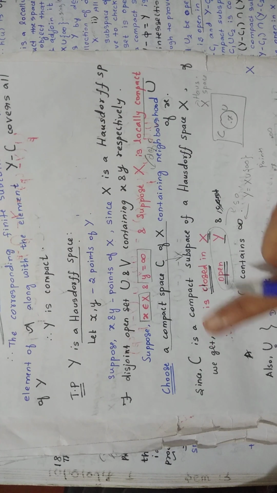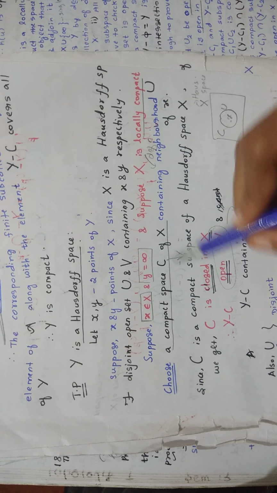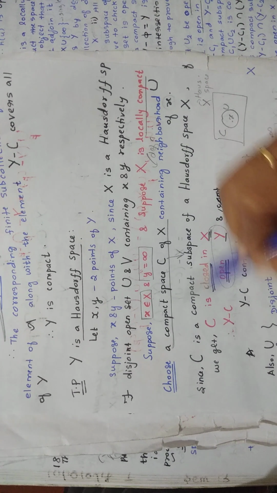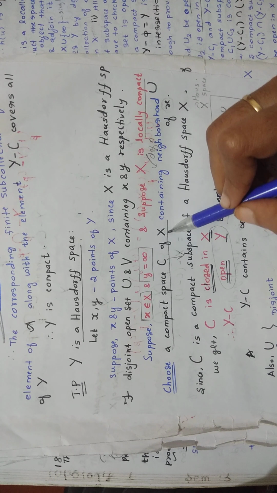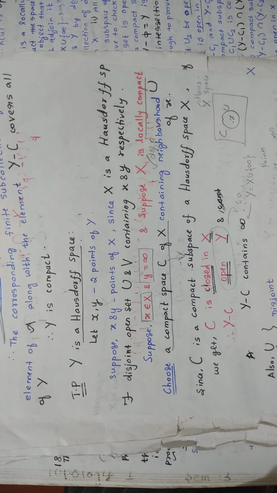Since C is a compact subspace of a Hausdorff space X, you can say a compact subspace of a Hausdorff space is closed.